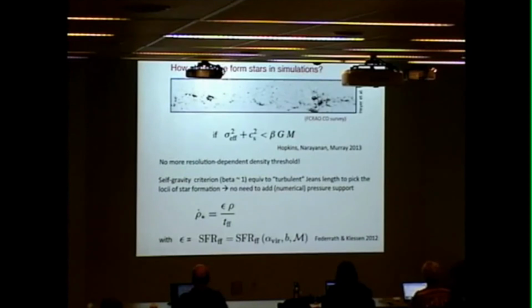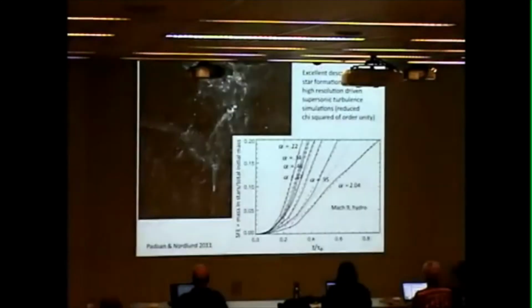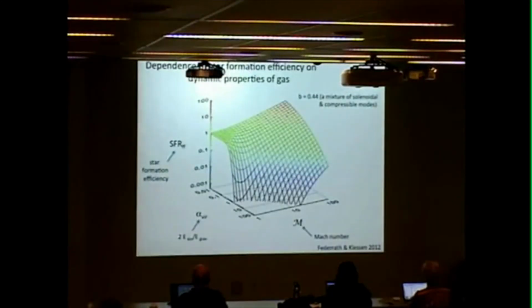That's the value for epsilon, given by this complicated expression. We measure the virial parameter and the Mach number in the simulations, and we assume b equals 0.44, and then from this chart you can read what the star formation efficiency is. So we have a spatially dependent star formation efficiency.